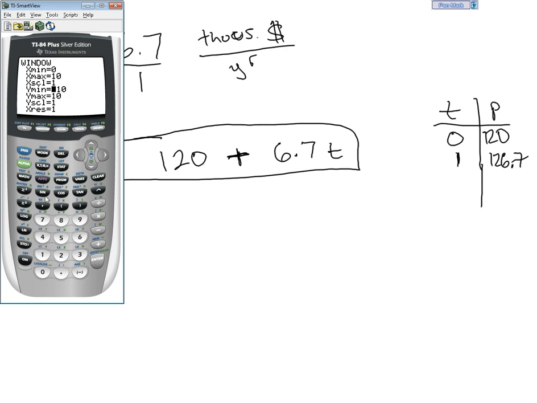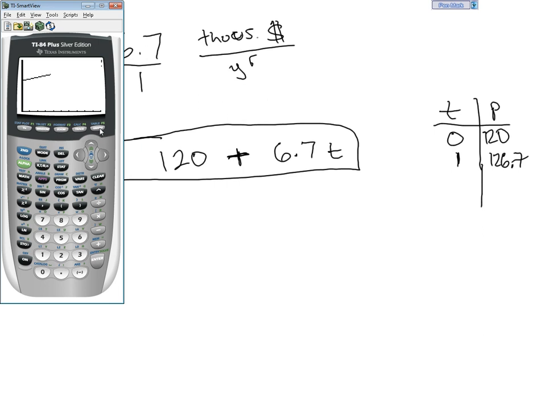The home value should never be negative, so we would start it at 0. And to determine how high the home value is going to go, well, it starts at 120 and increases by 6.7 every year. So if we go out 10 years, we should be fairly safe to say it probably within those 10 years won't go any higher than 200,000. To figure it out exactly, plug in 10 for t, and you'll be able to figure out what it would be worth in 10 years.